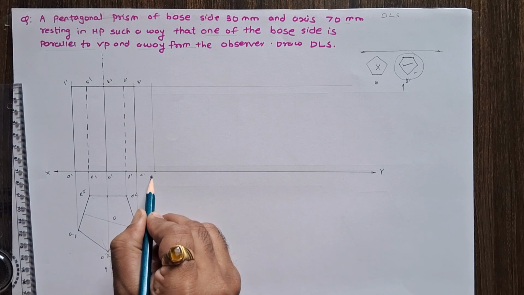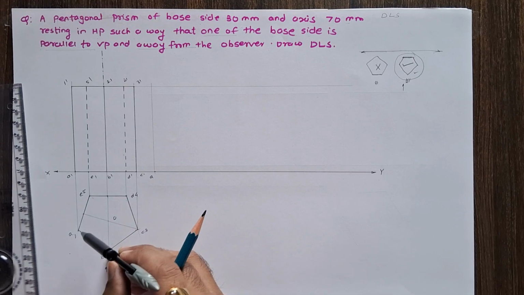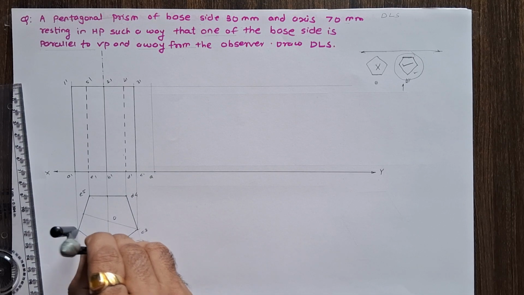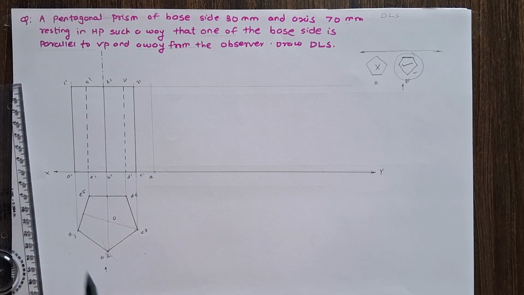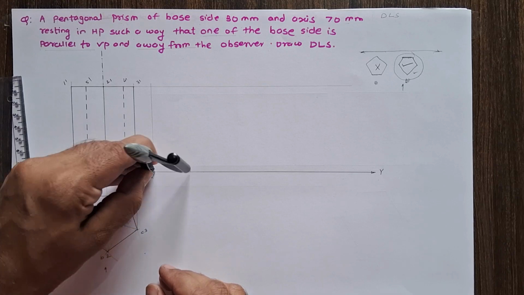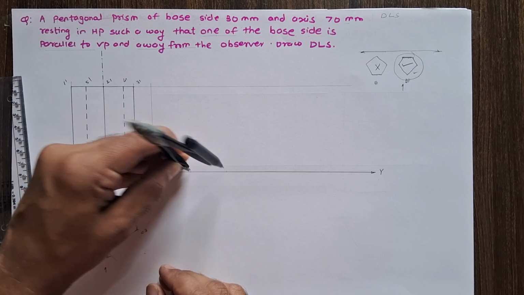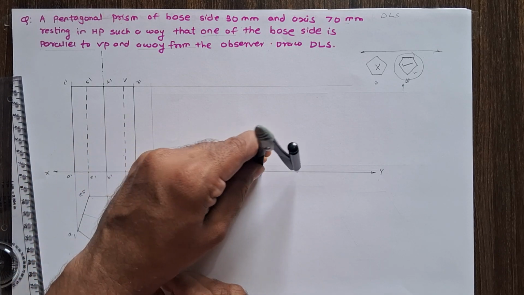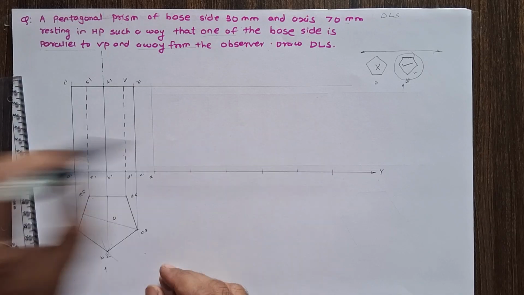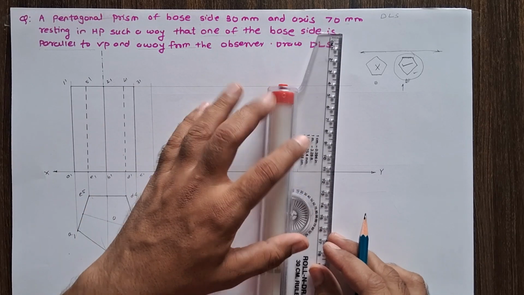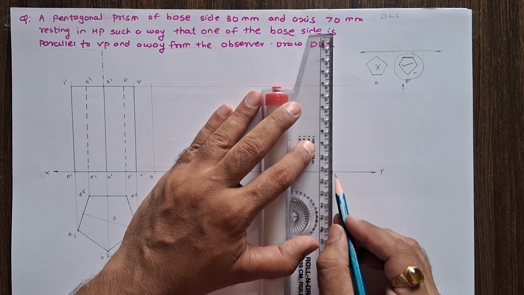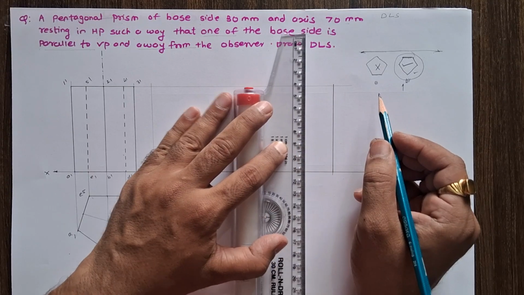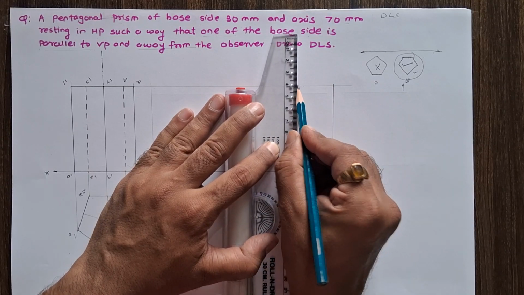So this is your A point. From A, mark 5 equal arcs. Take a 30 mm distance in the compass and mark 5 arcs: 1, 2, 3, 4 and 5. Now join these arcs and the vertical lines by using a thick line.